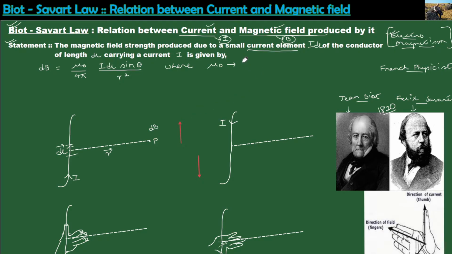Let me write over here. What is this mu naught? This mu naught is the permeability of free space.